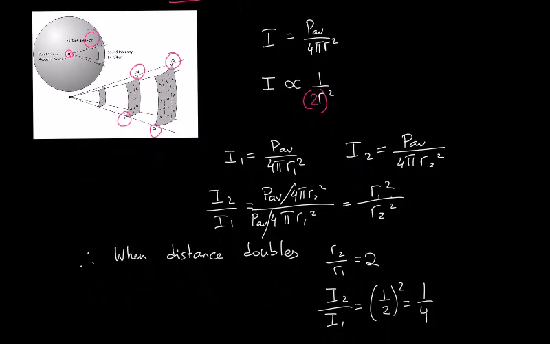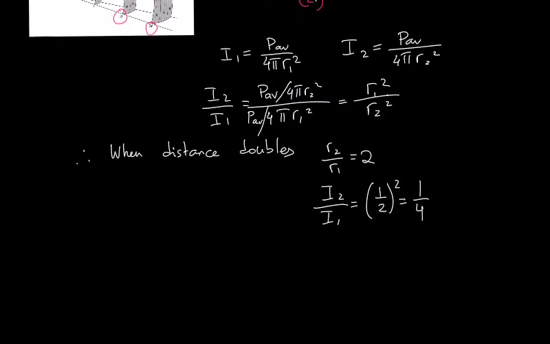Let's write in here, intensity is directly proportional to A squared, the amplitude. Since this is valid, we can say amplitude is also inversely proportional to r.